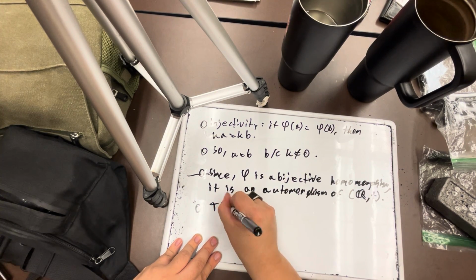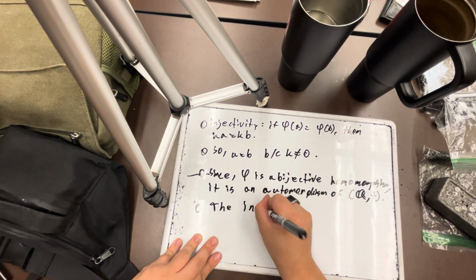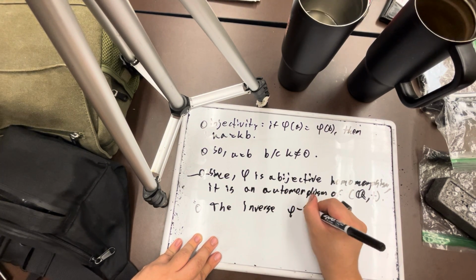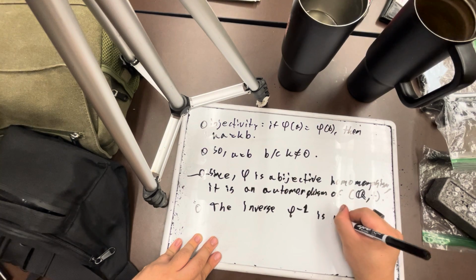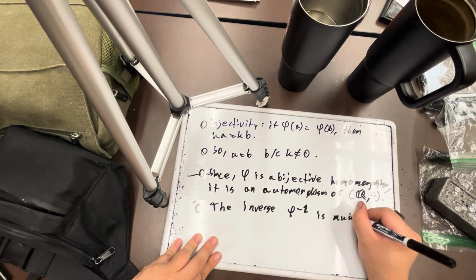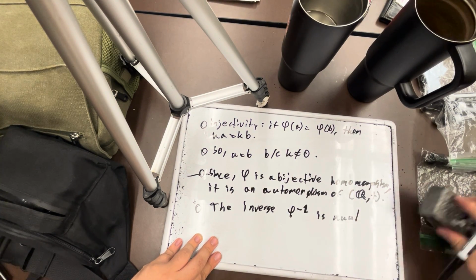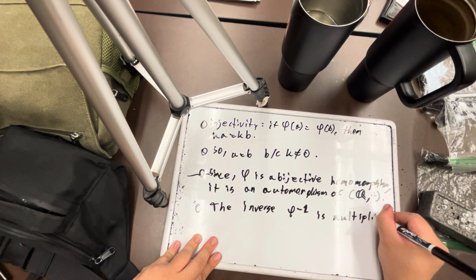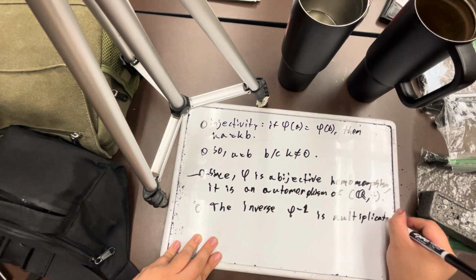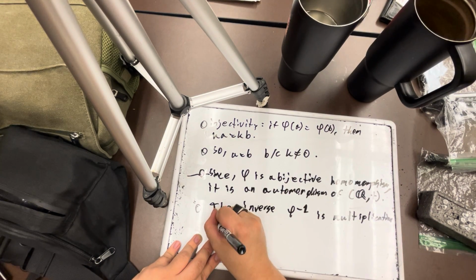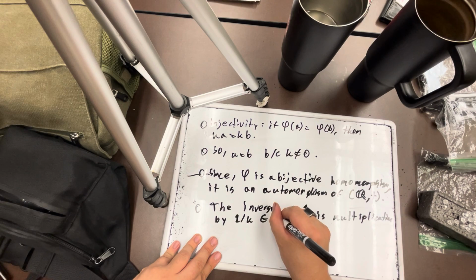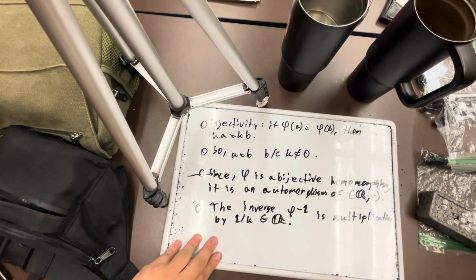So the inverse of phi is multiplication by 1 over k contained within the rationals. Okay?